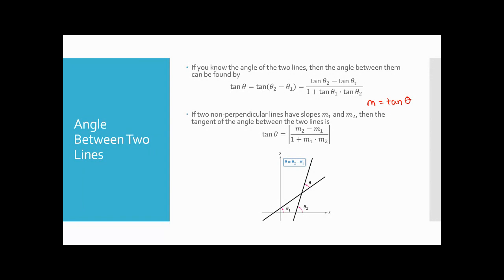The absolute value is really important, because the tangent here only takes positive values. So if you're finding the angle, you need to have positive values.